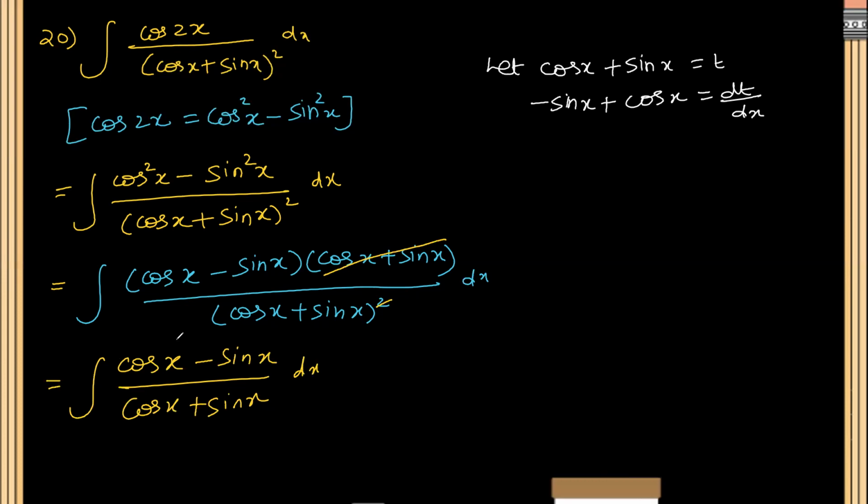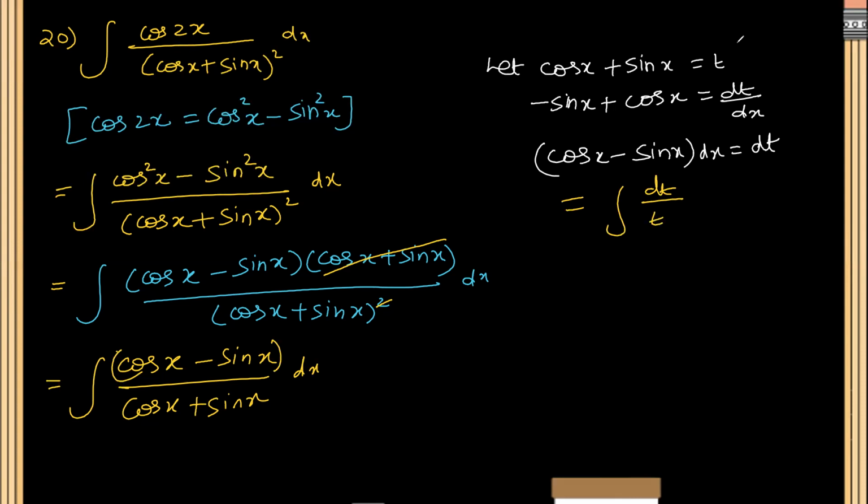Here we have cos x minus sin x, so we rearrange the terms: cos x minus sin x into dx, cross multiplying dx to the other side, will become dt. So cos x minus sin x into dx can be written as dt.